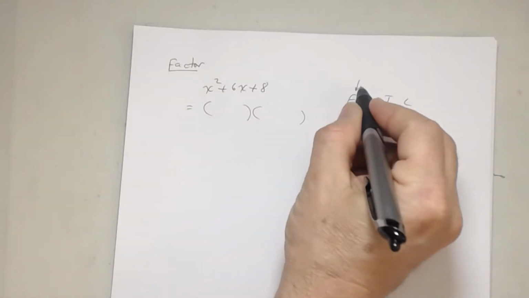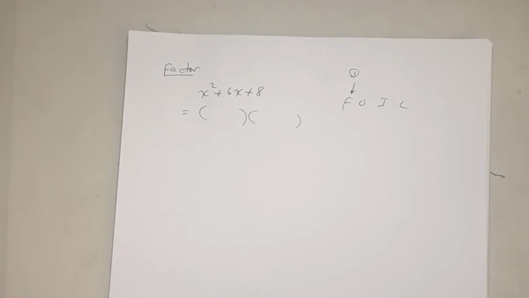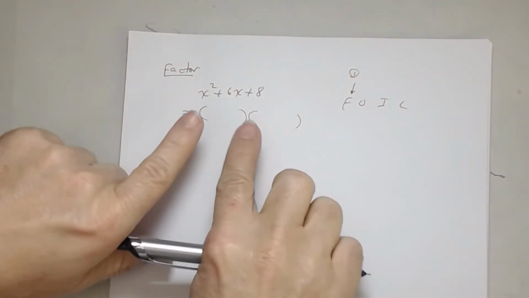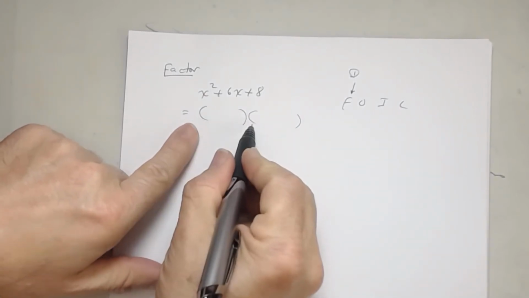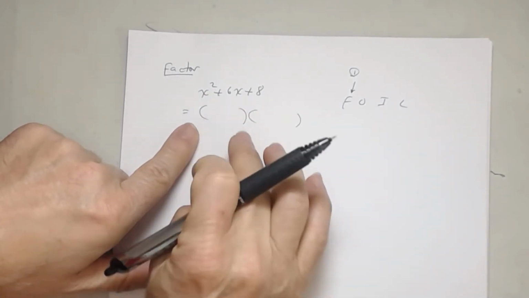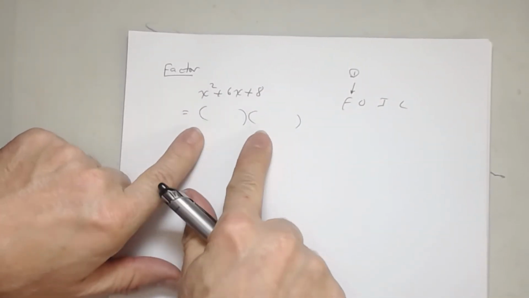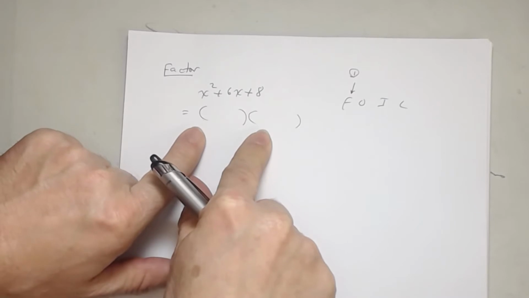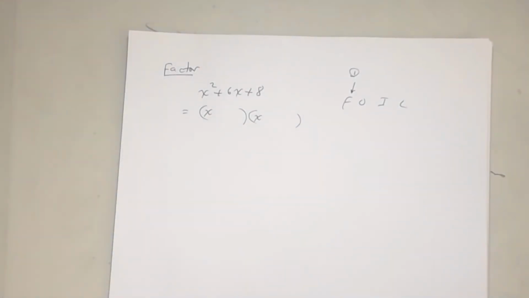Remember, to get the F, that first term, you take the first terms of each binomial, this times this, and you want to make sure their product is the first term, x squared. Well, what times what is x squared? x times x. So x goes here and x goes there. That's the easy part.